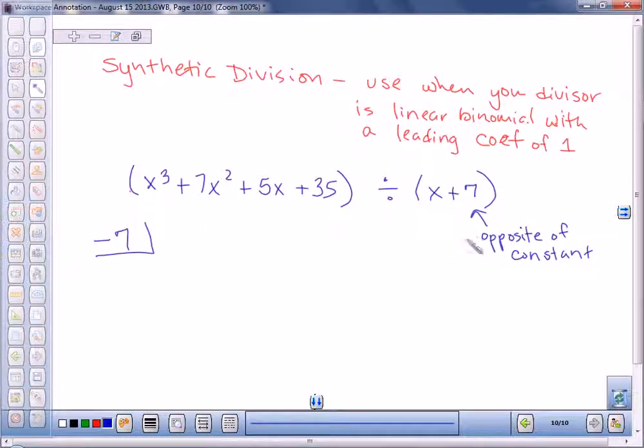Okay, then the second thing we're going to do is list our coefficients in order of degree. Now, you must put in a 0 this time if anything's missing, or our shortcut won't work.